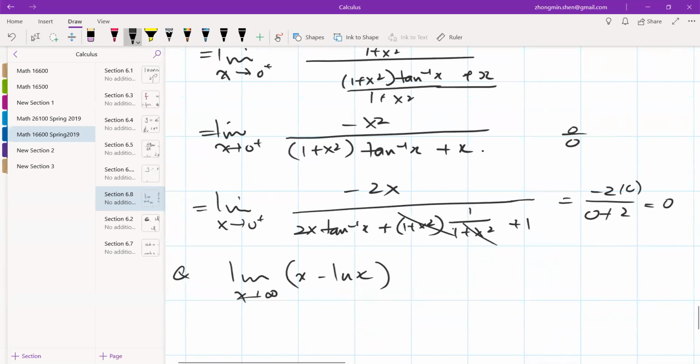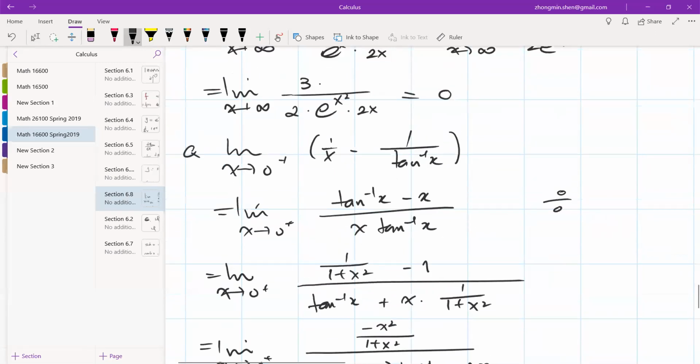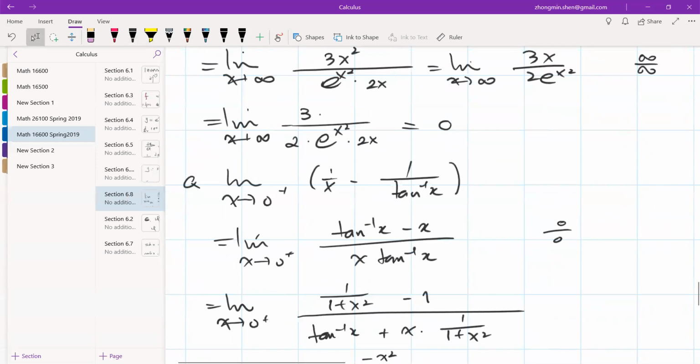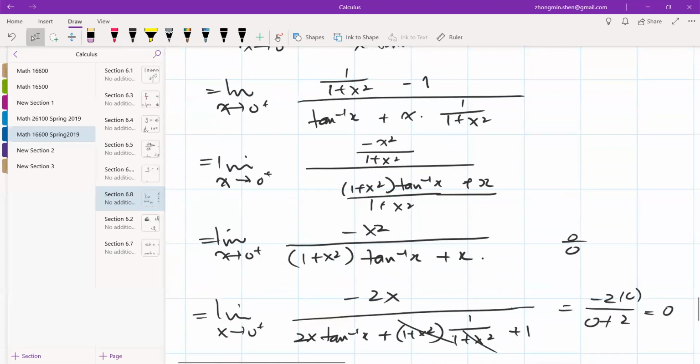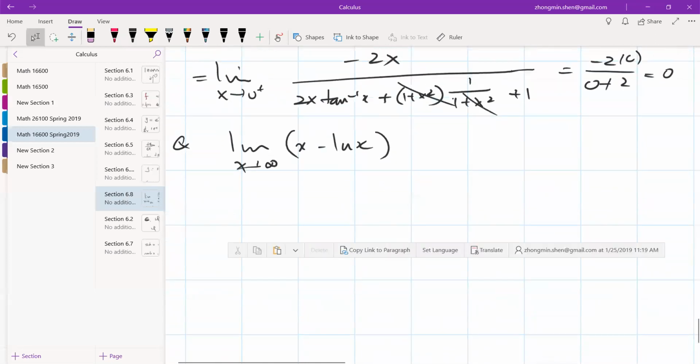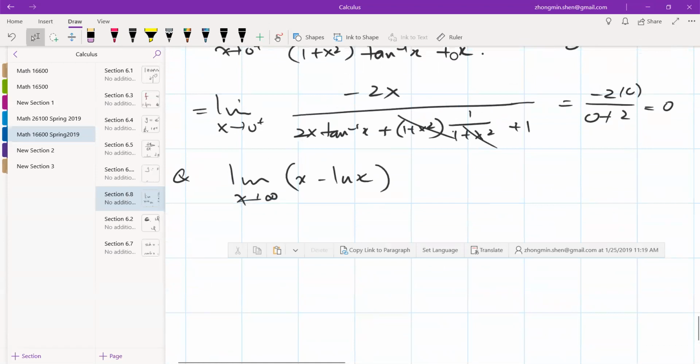You cannot differentiate, because you can apply L'Hopital's rule only to the limit of a quotient function, right? And that's what we did. We combined the difference and put it together, and then I got a 0/0 type, and then I can find the derivative. But now x minus natural log x, that's so simple, two functions, you cannot combine them. Apple is apple, orange is orange, how can you put them together? No.